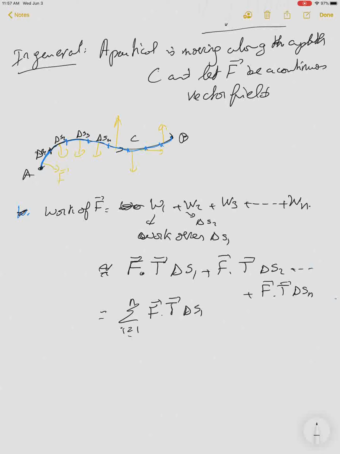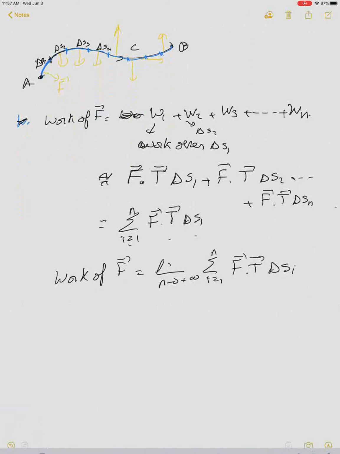No. Then what I do, I take even more subintervals, and the work of F I can write as the limit as n goes to positive infinity of the summation from i equals 1 to n of F dotted with T delta Si, and this is equal to the integral over C, because you are evaluating over C, of F dotted with T ds.